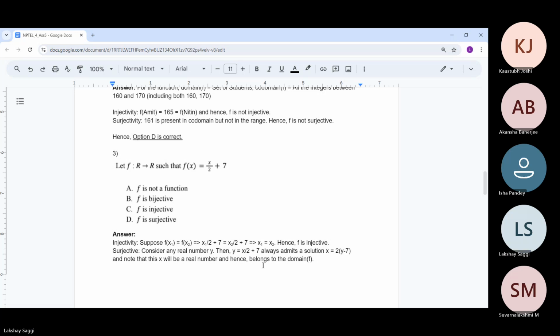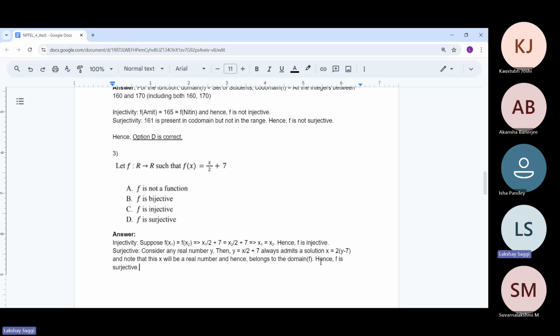And since X belongs to the domain, there exists a value in the domain such that f of X is equal to Y. And this is for all possible Y. So effectively what we have obtained is that range is equal to codomain here, and hence f is surjective.